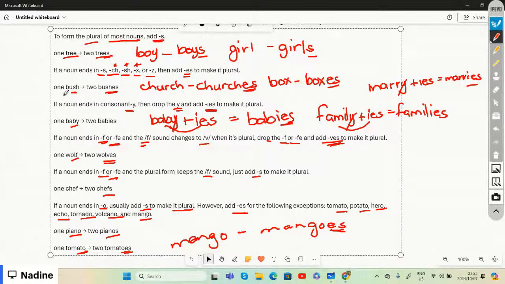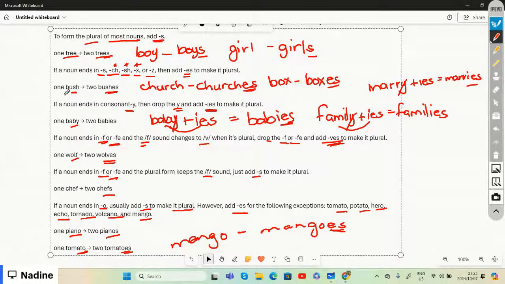If the noun ends in a consonant plus Y, then we drop the Y and we add IES to make it plural. If a noun ends with F or FE and the F changes to a V sound, then we drop the F or the FE and we add VES. If a noun ends in F or FE and the F stays the same, then we just add an S.